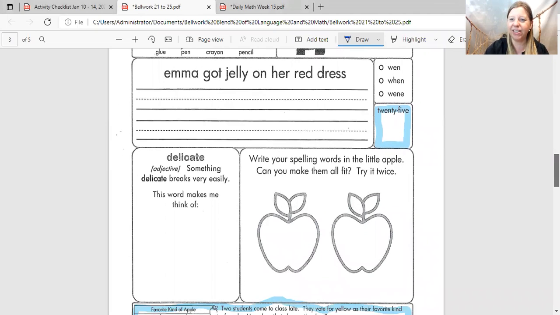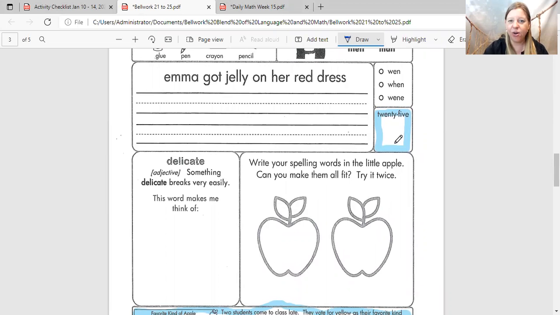There's just one little section near the top of the page where it has the word for a number. You need to record and print in the space below that number word another way to show the same number. You could use tally marks, counters, a 10 frame, however you feel.